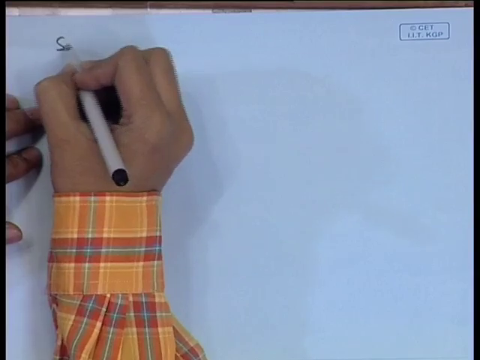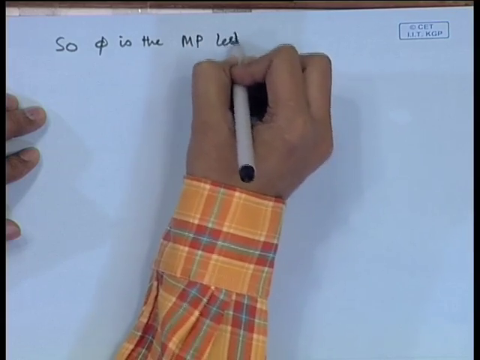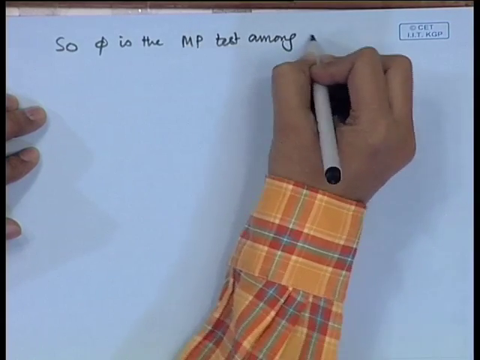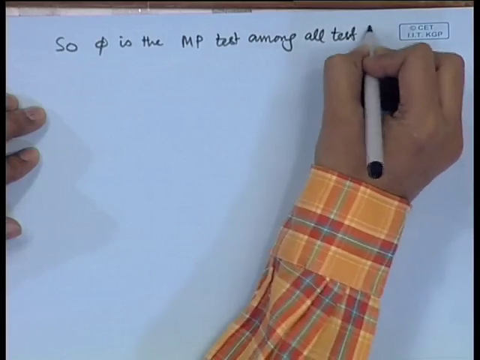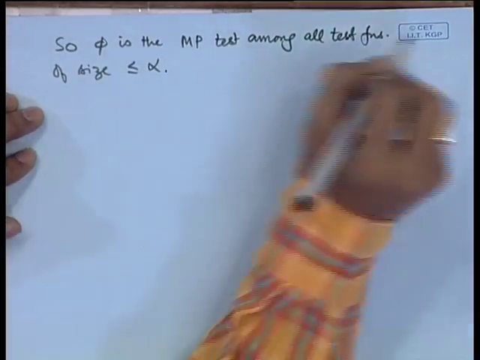Now, this phi star is any arbitrarily chosen test for which the size is less than or equal to alpha. That means, among all the test functions which have size less than or equal to alpha, the power of phi is the maximum. That means, phi is the most powerful test among all test functions of size less than or equal to alpha.